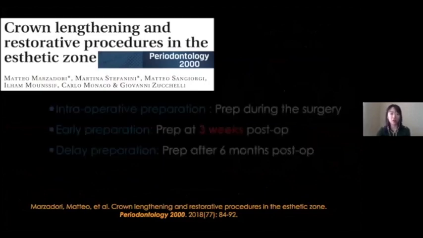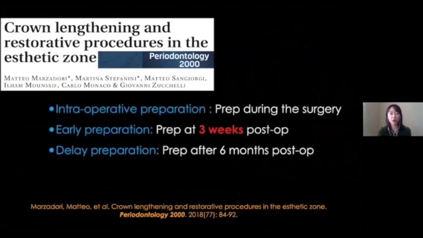In this article, it mentions 3 intervals when you can do the provisional preparation. The first is intraoperative preparation: you do the preparation and the provisional at the same time as surgery. Then there's early preparation, which is prepping the provisional at 3 weeks post-op. And then there's delayed preparation, which is after complete healing, 6 months later.